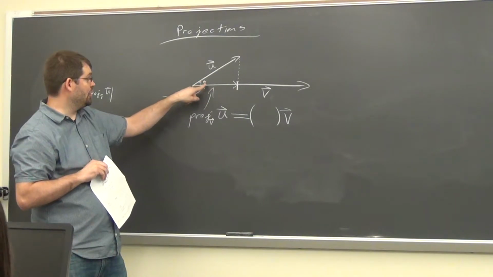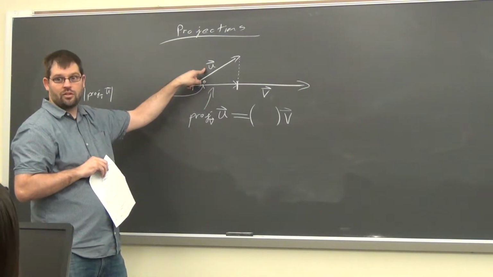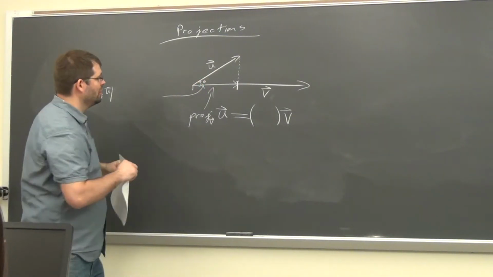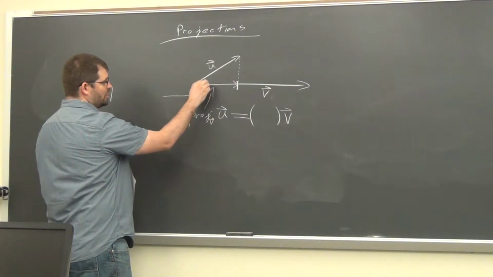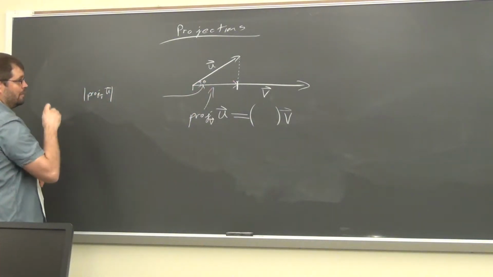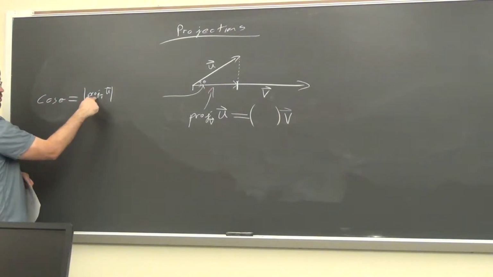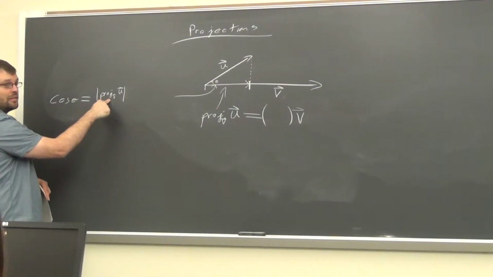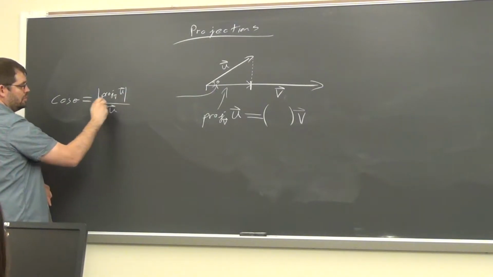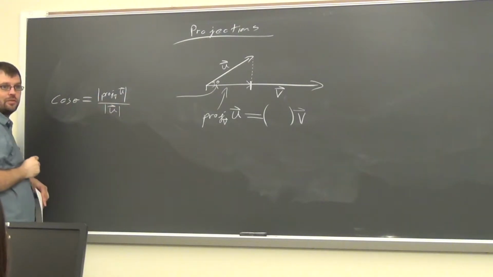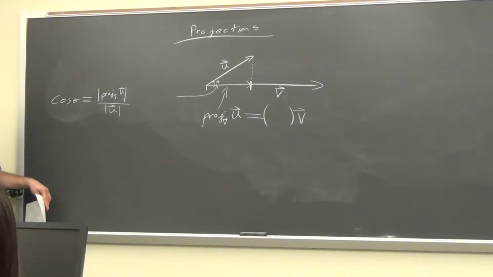Not sine, adjacent and hypotenuse. So cosine of theta is adjacent over hypotenuse. This is adjacent, and the hypotenuse is the magnitude of u, the length of that. Does that make sense?